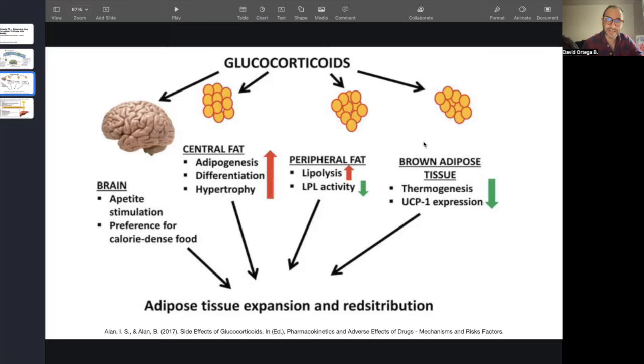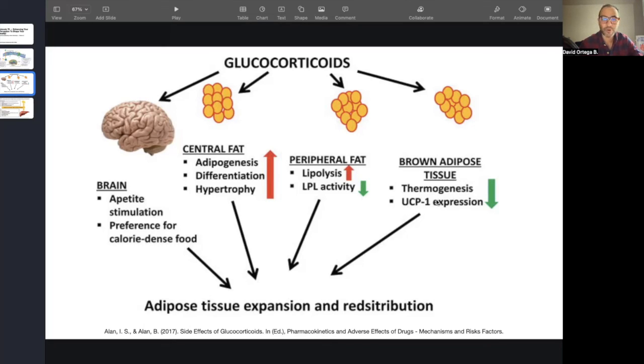If you remember in the episode on irisin, I mentioned that the brown adipose tissue is the best one because it has a lot of mitochondria. And that brown adipose tissue is the one that is going to be used to produce the energy that you require during your days. And they are going to have effects on thermogenesis and UCP1 expression.